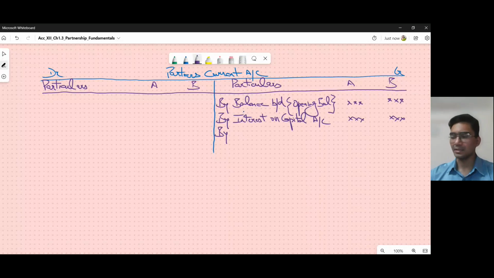So by partners' salary. Let's write that amount, whatever may be given to them. We write the amounts against their names. What else can we give them? We give them partners' commission also at times. So partners' commission.